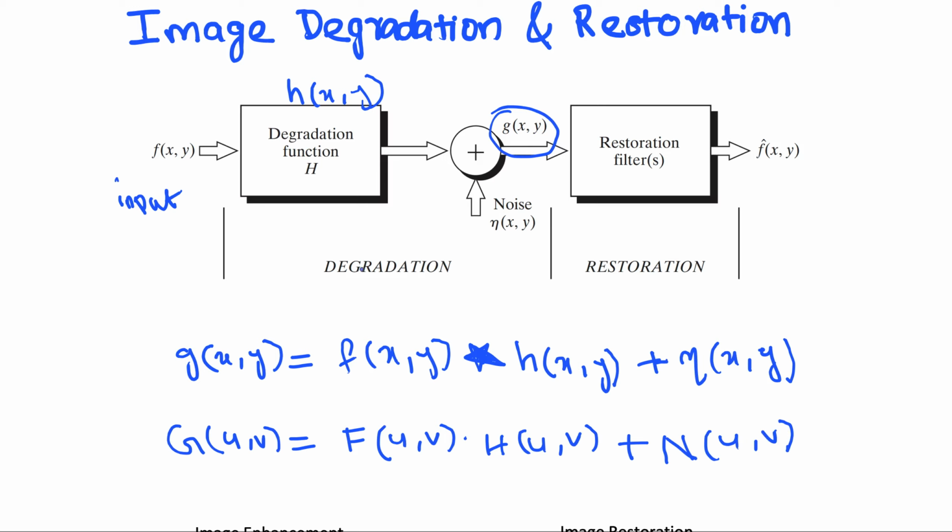So this is the same degradation process written in the Fourier domain, or the frequency domain. In a degradation process, we have a degradation function and an additive noise. In certain instances, this h of x, y can be an identity function, which means that no degradation function is applied and there is only additive noise, where you are just considering some problem with the image sensor or some environmental conditions. Such things can be modeled as a noise function eta of x, y.